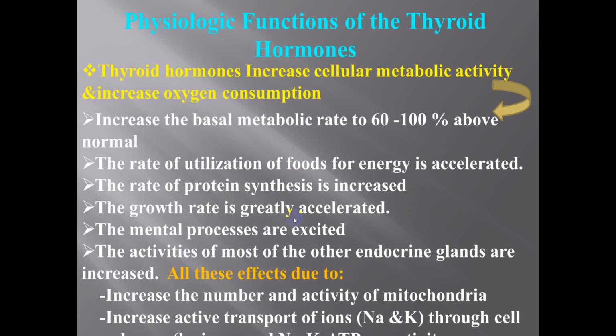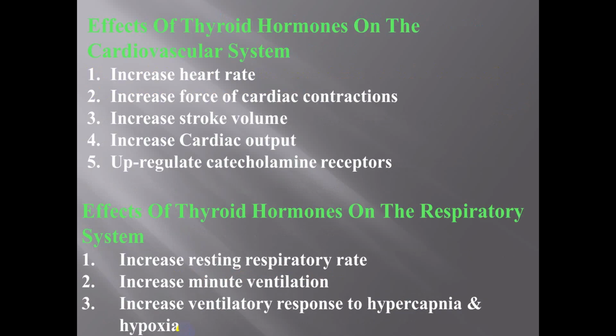These effects are due to increased number and activity of mitochondria and increased active transport of ion, sodium, potassium through the cell. إذا تلاحظ ذكرنا من خلال زيادة الصوديوم بوتاسيوم pump أو زيادة ال activity of ATPase in the membrane فبالتالي leading to increase the metabolic rate.